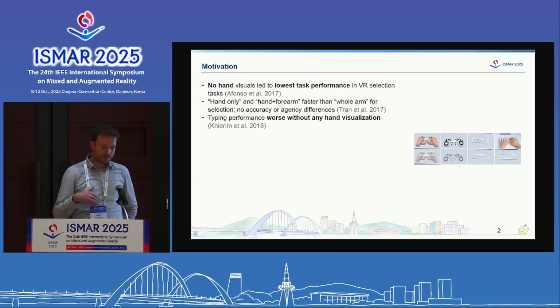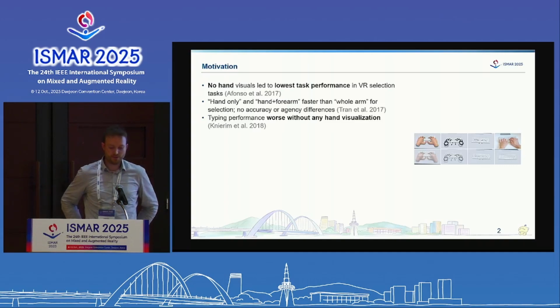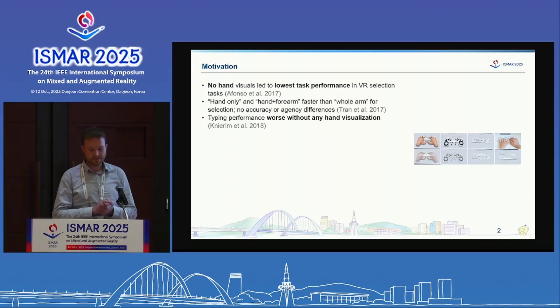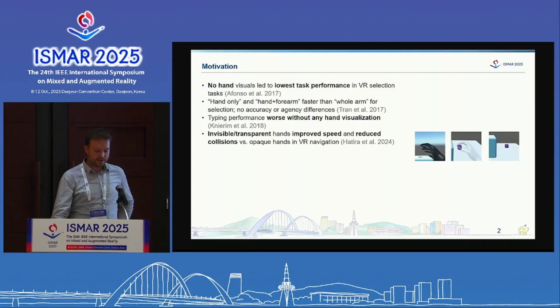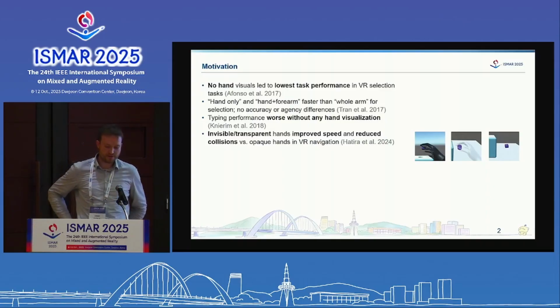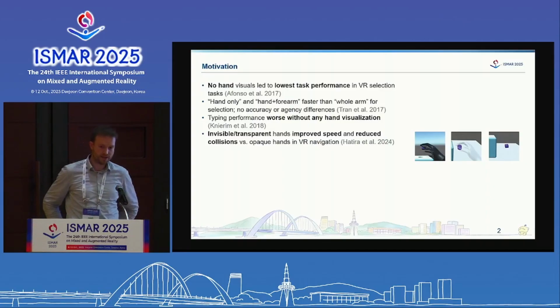But then there were also typing performance tests where the no hand visualization condition performed worse overall. And then another comparison again with three hand transparencies: opaque, transparent, and invisible.